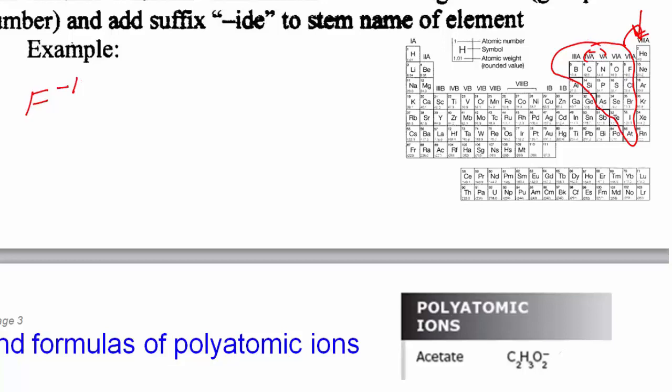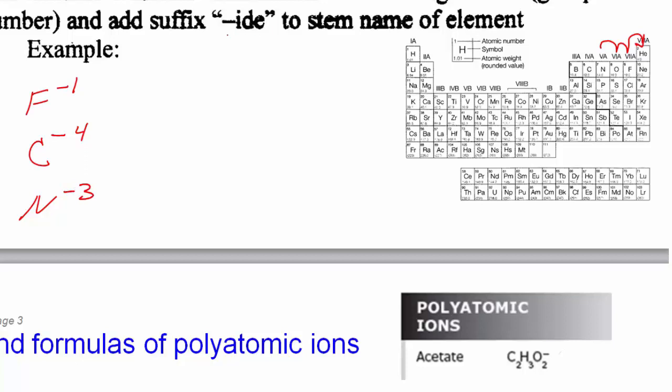Carbon. Count over to the nobles for carbon: 1, 2, 3, 4. So carbon, again, it has to be negative. That's going to be -4. Nitrogen, what ion would it form? It's a nonmetal, so it has to be negative. -1, -2, -3. So just always count over to the nobles. And how do you name these?